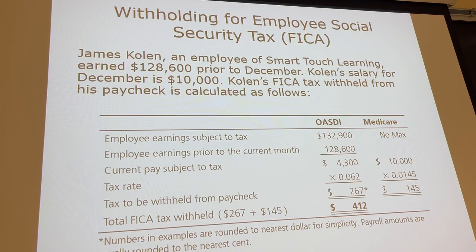If you were to look at what the Social Security wage base is this year, 2023, it's quite a bit higher now. It's $160,200. It keeps going up every year because in order to keep the Social Security Trust Fund solvent, they have to keep raising the amount of wages that it applies to.